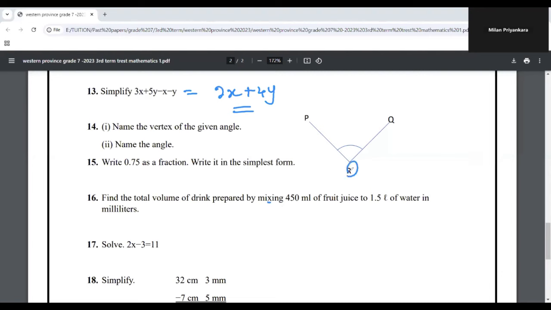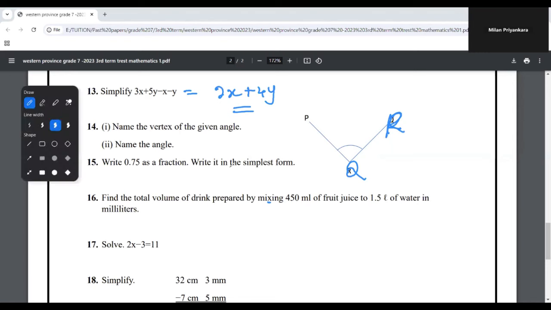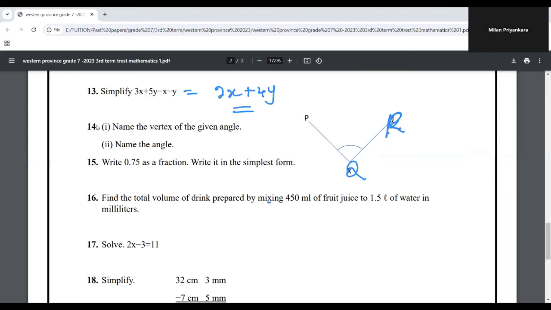This has to be P, this has to be Q, and this has to be R. So now I will tell you this is PQR, and Q is the vertex, right? And the angle is PQR. So you have to put this mark on R, right? Okay, now this is the angle, PQR angle, right?